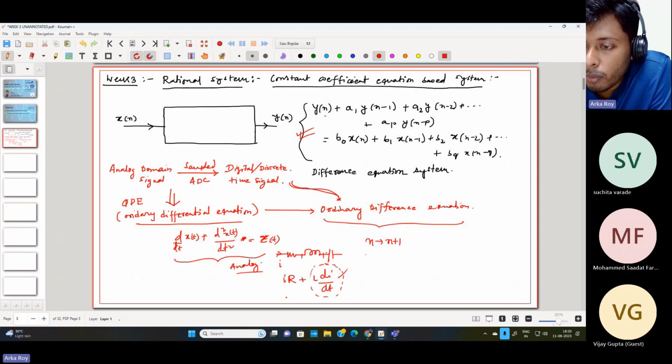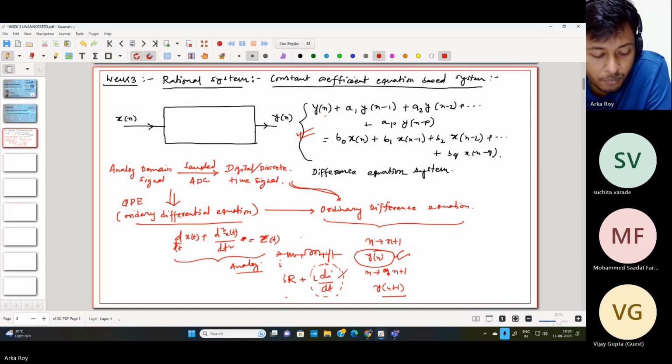For example, if I know y of n, then just by changing n equals to n plus 1, I will get y of n plus 1. And as I know y of n, I will be using this knowledge of y of n, and correspondingly recursively, if I solve the equation, I will get all the output values for each of the index points.